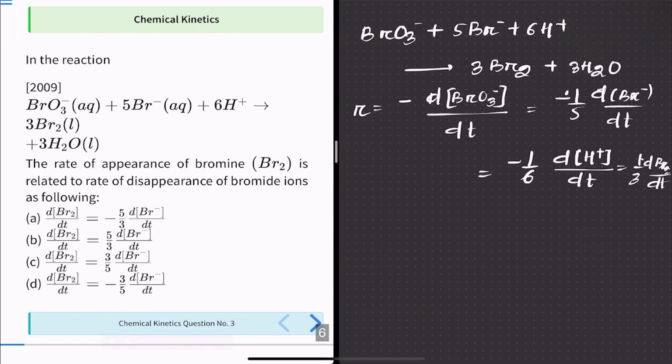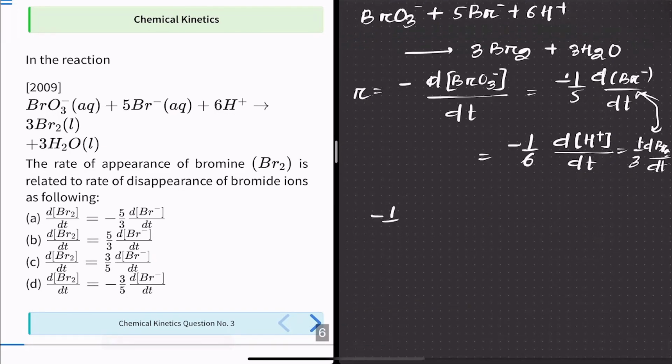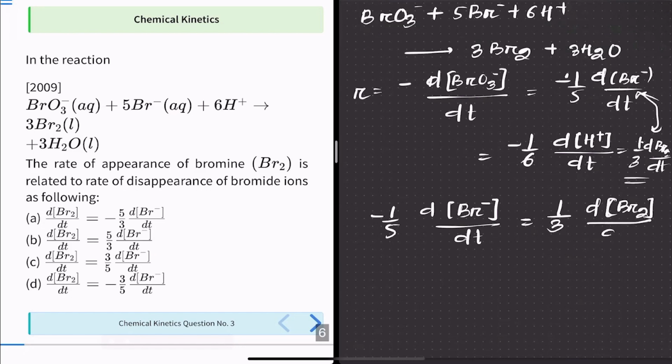It is asking for the relation between the rate of appearance of bromine and the disappearance of bromide ion. So let's equate these two terms. Minus 1 by 5 d[Br minus] by dt is equal to 1 by 3 d[Br2] divided by dt.